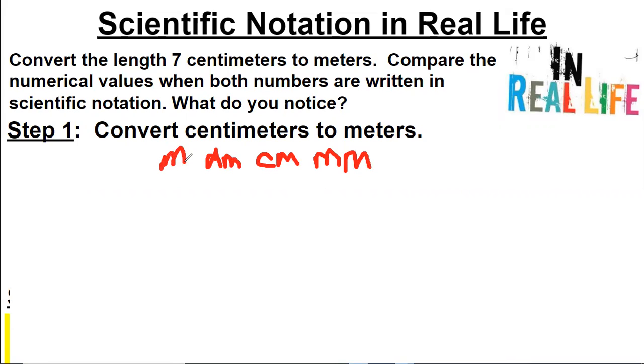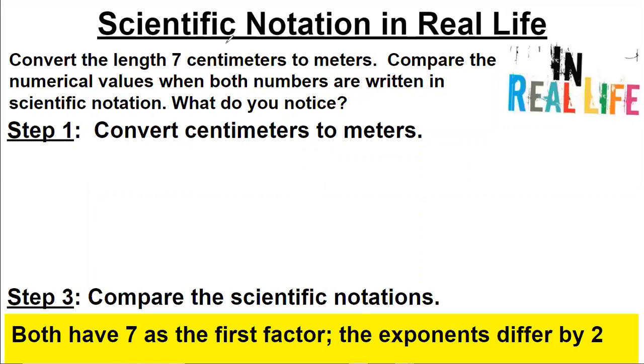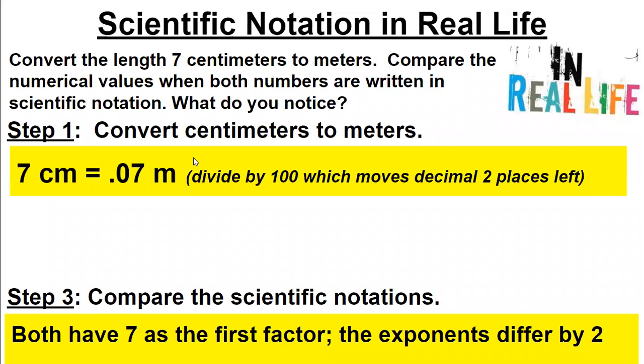And when you're converting from centimeters to meters, you go 1, 2 jumps. So that means you're going to move your decimal 2 to the left. So we will move that when we convert. Okay, so converting 7 centimeters to meters becomes 0.07 meters. We're going to divide by 100, which moves the decimal 2 places to the left, which we just showed you.